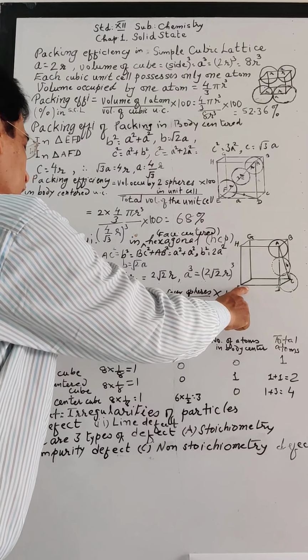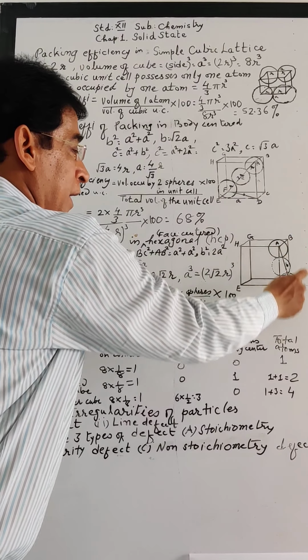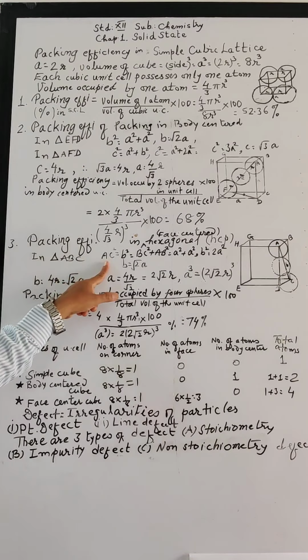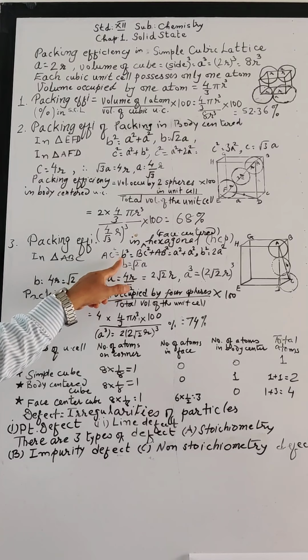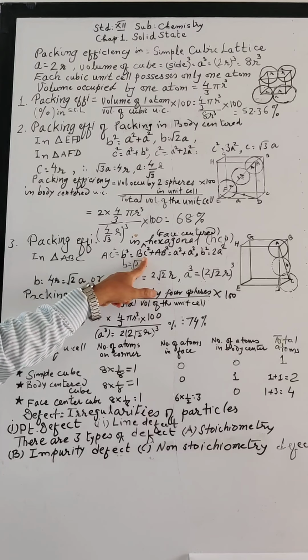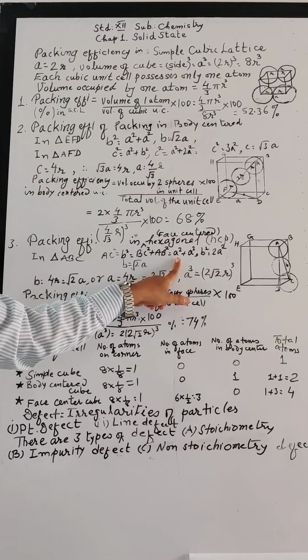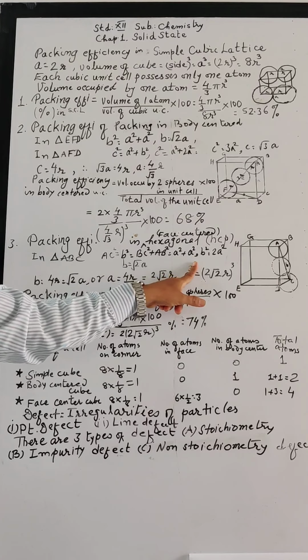In this figure, in triangle ABC, A, B and C, hypotenuse AC square, which is B square, is equals to BC square plus AB square, that is A square plus A square.